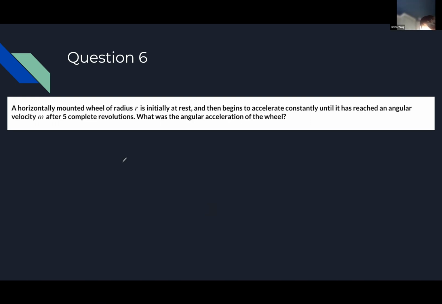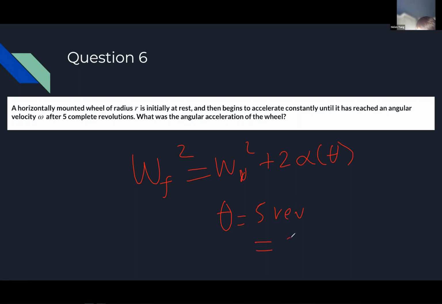So we use one of the kinematic formulas. So it'd be omega final squared equals omega initial squared plus 2 times the acceleration times theta. So they give you theta is 5 revolutions, though, and we have to change that to radians. So it'd be 5 times 2 pi, so it'd be 10 pi.